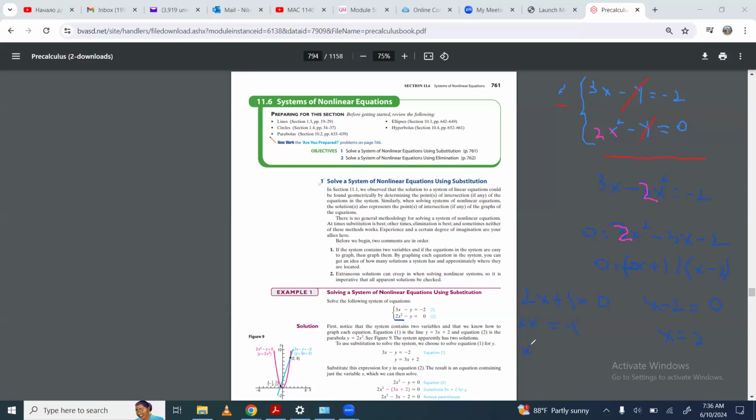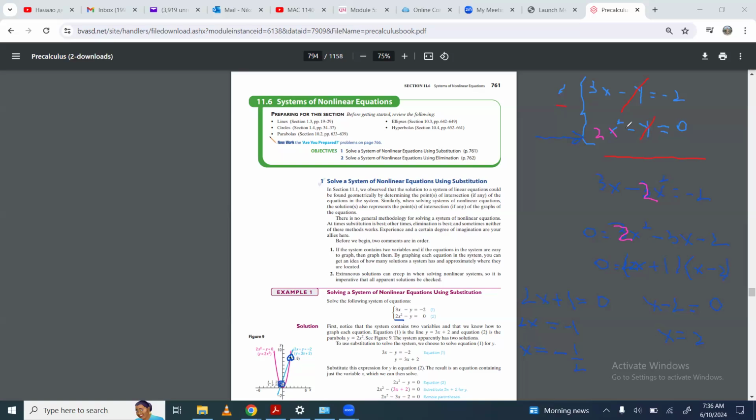But now the question is, what about y? How do I get y if I have two values of x? And it turns out there'll be two answers, for x and for y. And that's what they actually show here on the picture. There are 2 points of intersection of that line with a parabola, because the second equation has x squared in it, so it is a parabola.